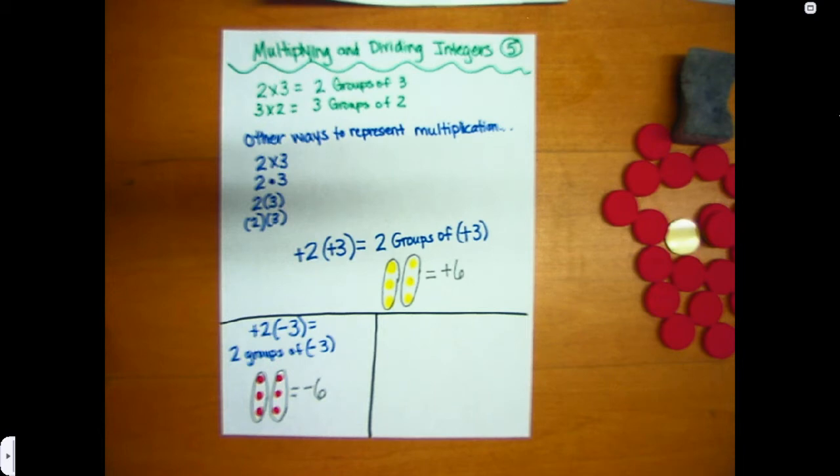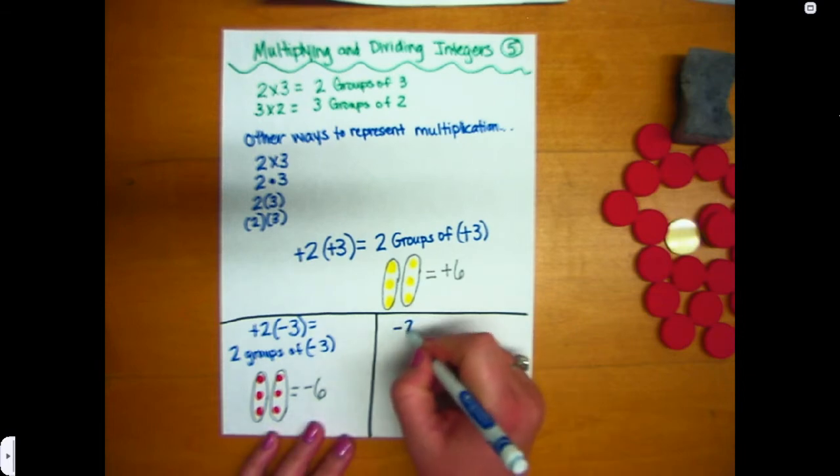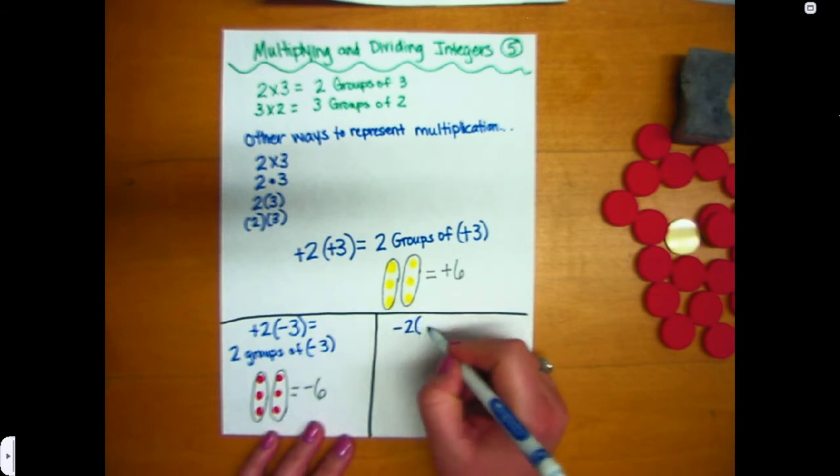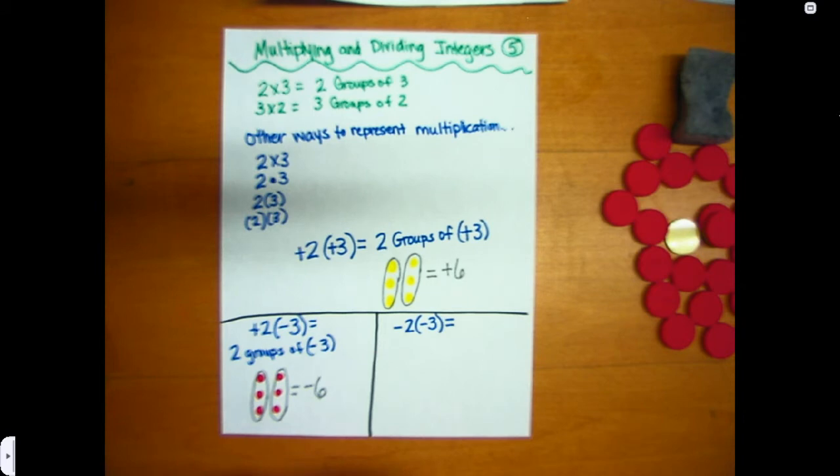Okay, now this time, what if it says negative 2 times negative 3? Here, this negative sign means the opposite of 2 groups of negative 3.